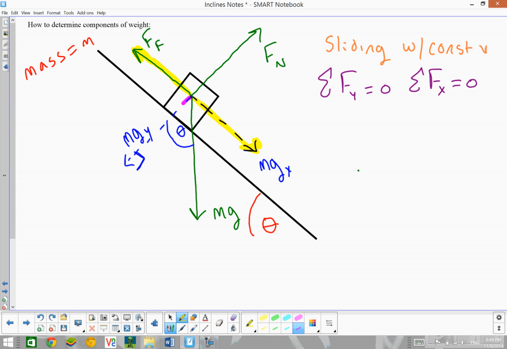And it's the y component of gravity that the normal force is equalizing. That's why the object doesn't fall through the incline or whatever.